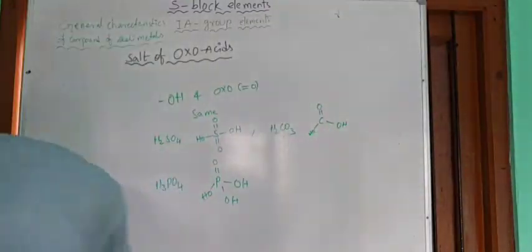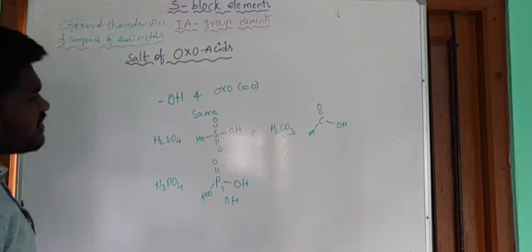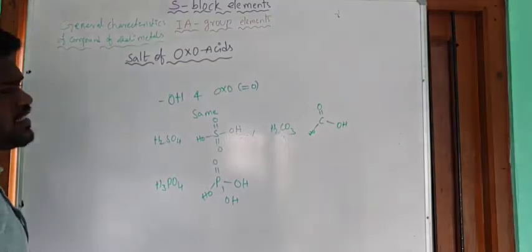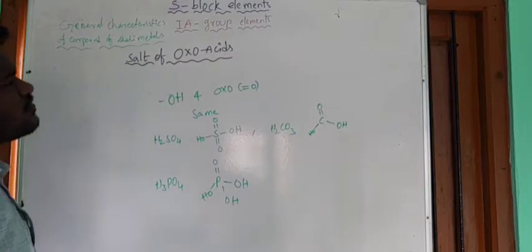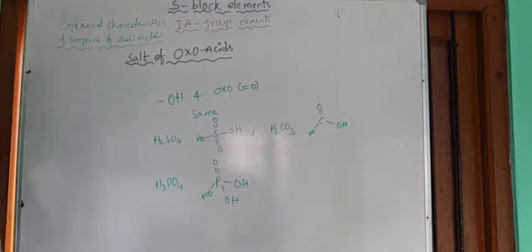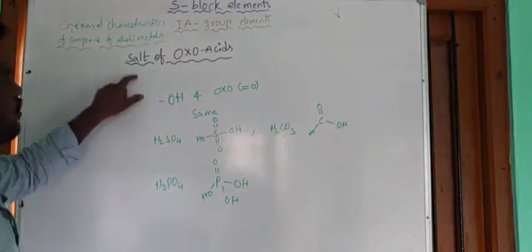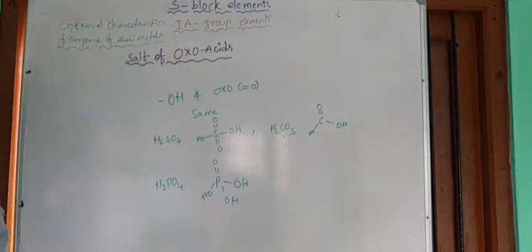So now, when alkali metals react with these oxo acids, they can form salts of the oxo acids.